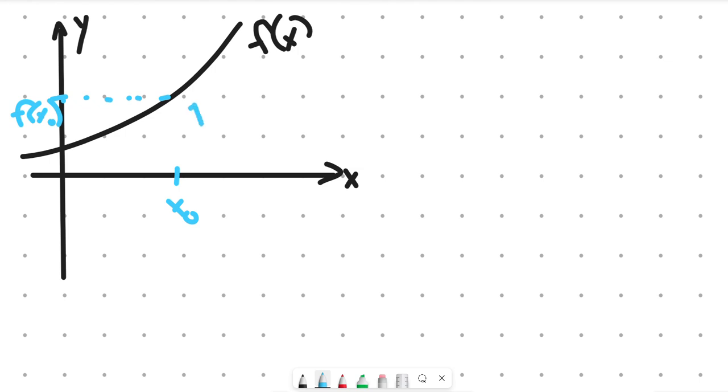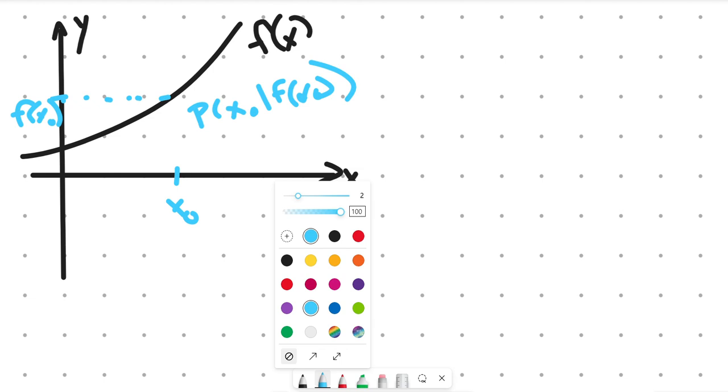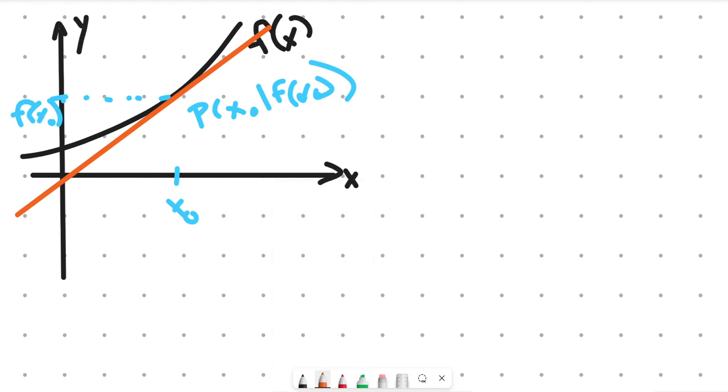So the point we are looking at is x naught, f of x naught, and we would like to have a beautiful tangent line at that point. So it's only intersecting the graph at that point P, x naught, f of x naught, and it will have the rise over run. So I'm going to draw the rise over run over here, delta y divided by delta x. I'm going to write it like this.